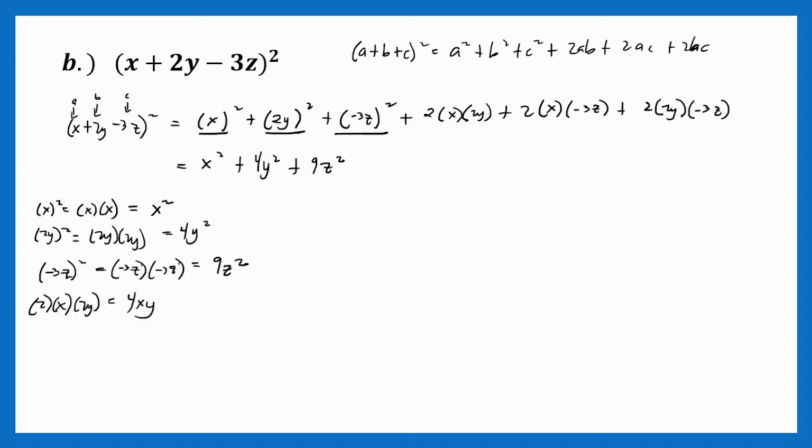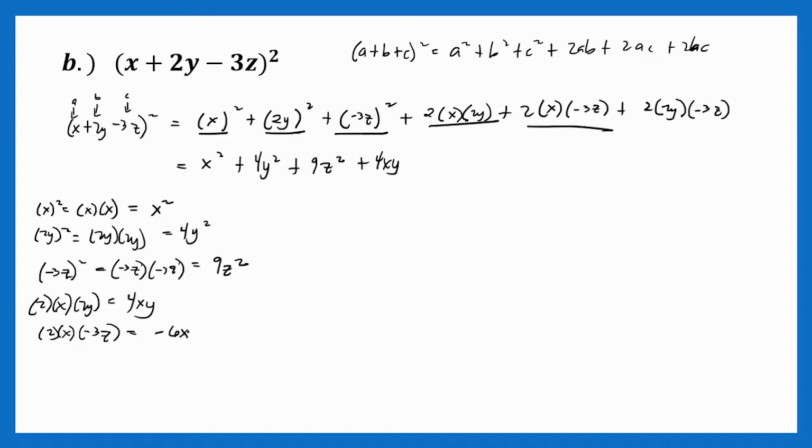Alright, kasi hindi sila parehong x saka parehong y. So magiging siyang plus 4xy. We're done with this one. Ito naman. Let's have 2 times x times negative 3z. Ngayon, 2 times negative 3, that is negative 6. When you are multiplying opposite sign, the answer is always negative.